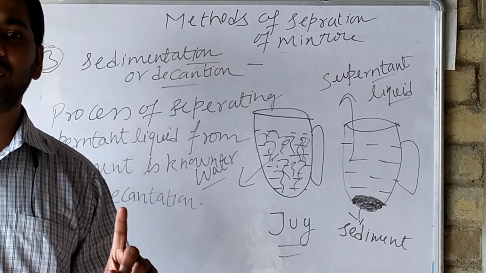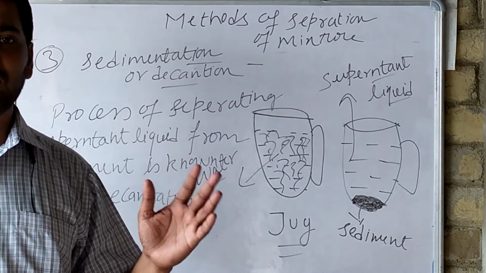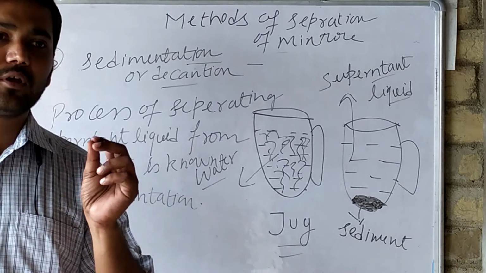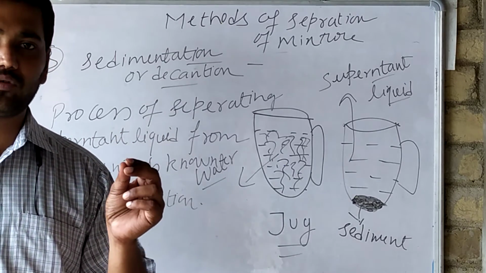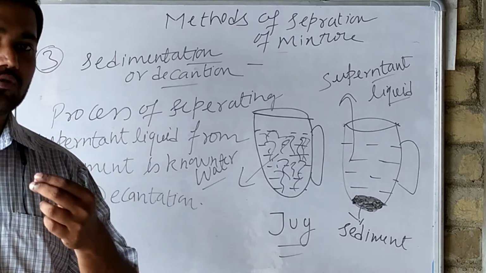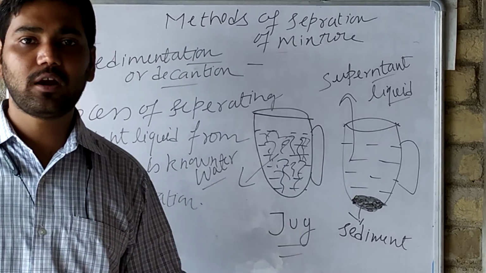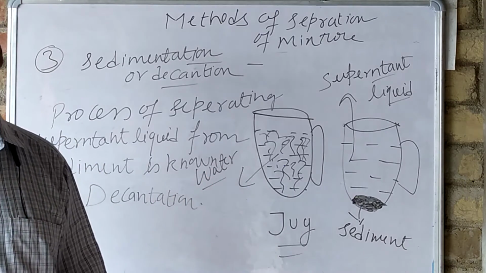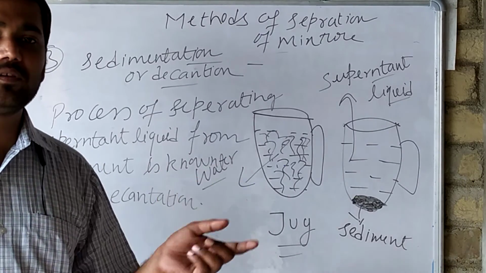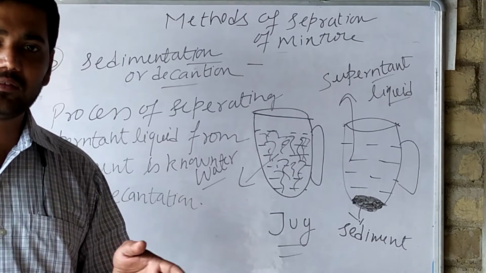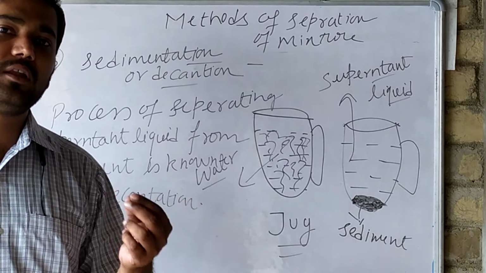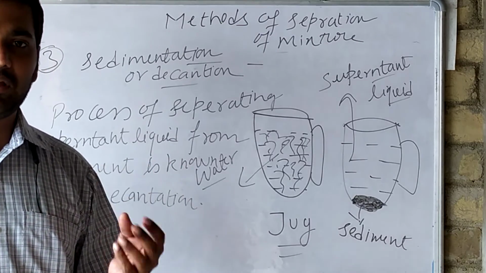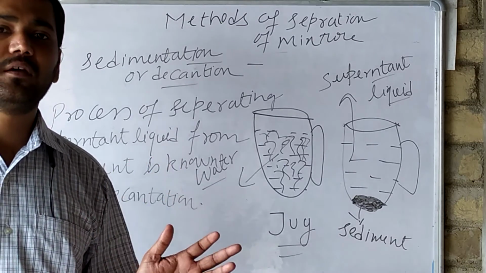So now I have explained these three processes of separating mixtures. First one is sieving. I have explained properly that we have a mesh with small holes on it. I have told you that pores and holes are the same. When we place a mixture on that mesh and shake it like this, the small, finer particles get down and the bigger particles remain on the mesh.